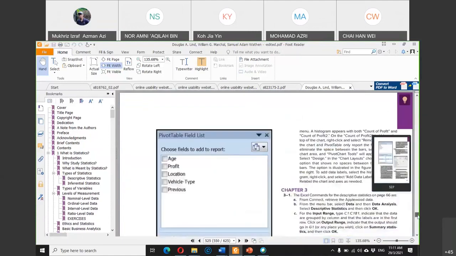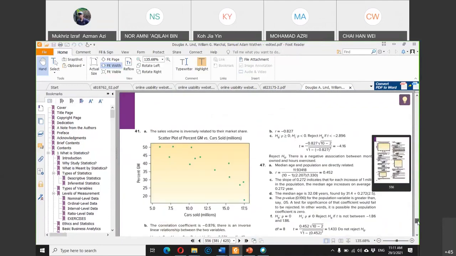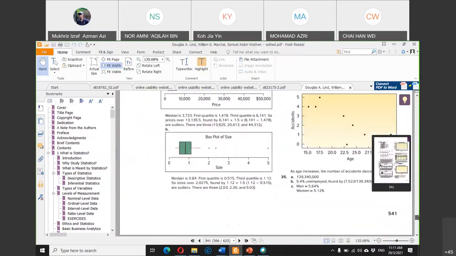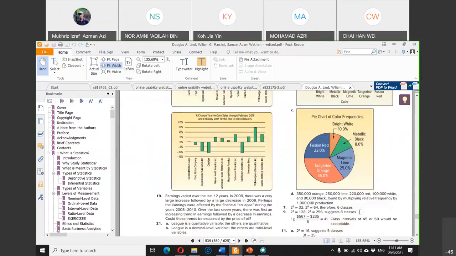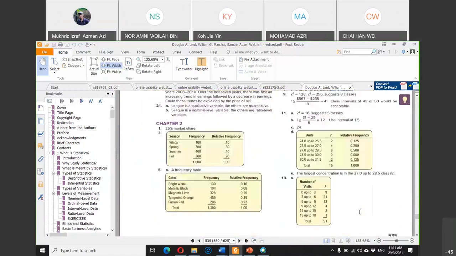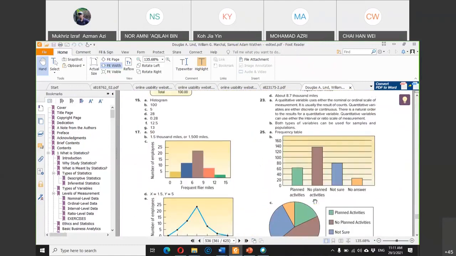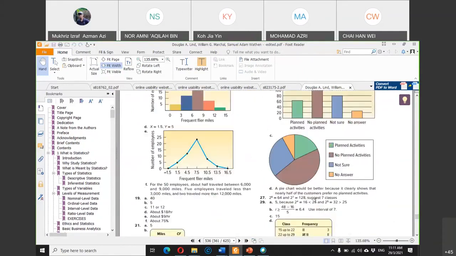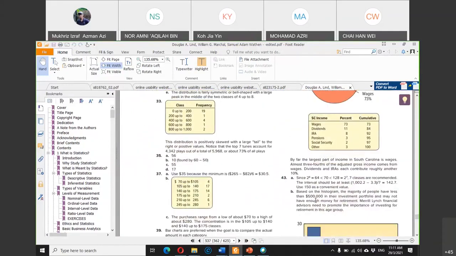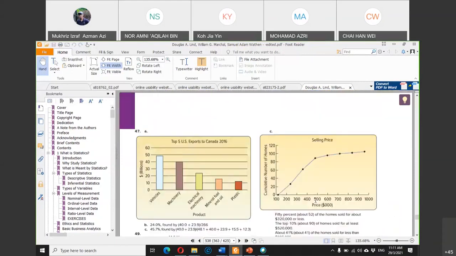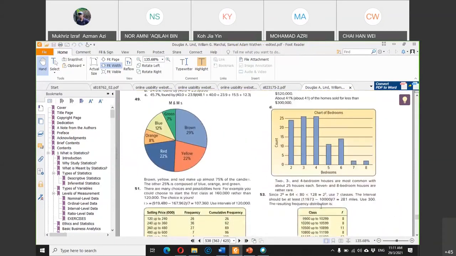I believe you can get the solution here, somewhere in the solutions for chapter 3, question number 51.